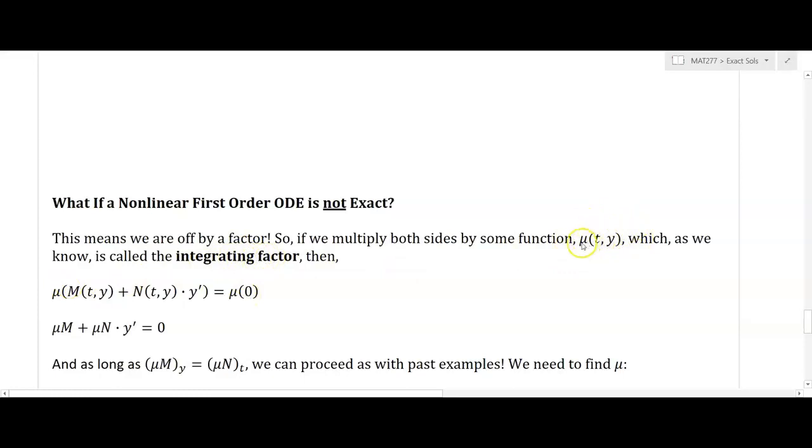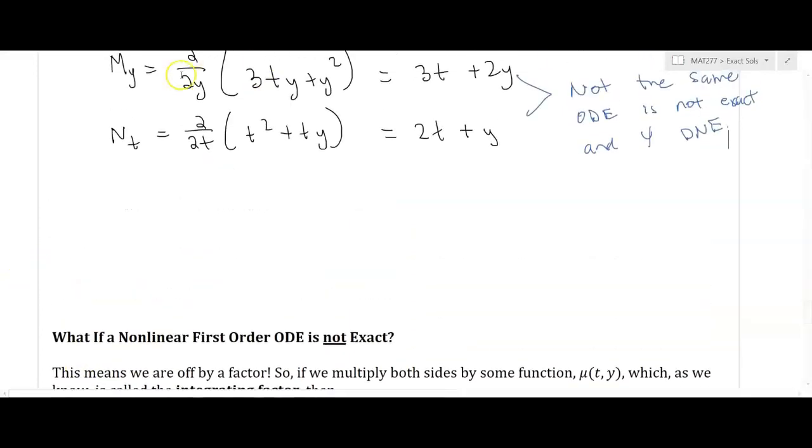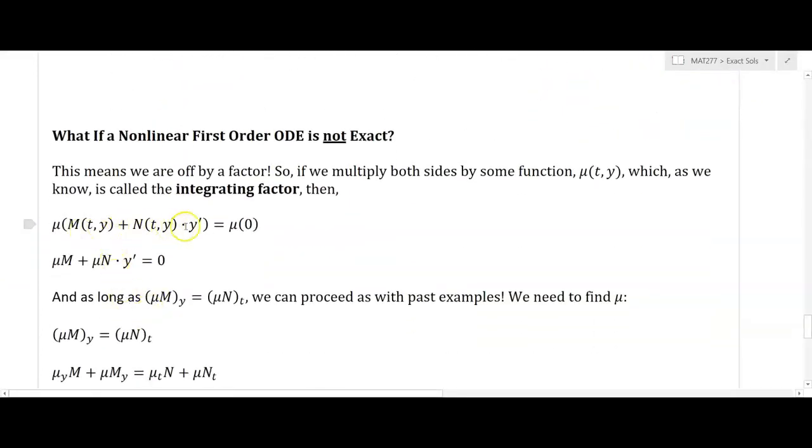In this case, notice that mu, in our previous case, it was only a function of time, and it was something along the lines of e to the negative integral of a of t dt. In this case, we're going to allow for the possibility that mu could depend on t and or y to get the right factors in there, which, as we know, is called the integrating factor. So if you multiply both sides of our differential equation by it, there's m plus n y prime multiplied by mu, and then mu multiplied.